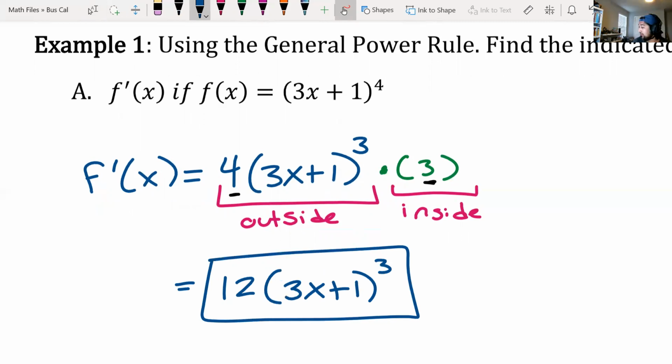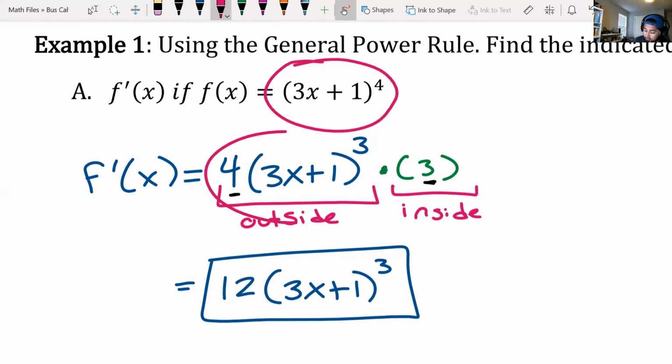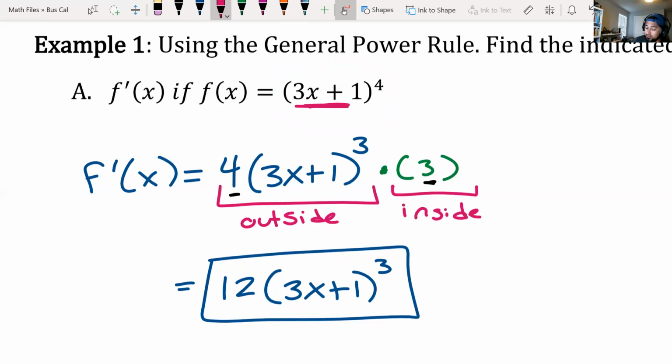Any questions on that? What about the 3? Is that because the 3 is a constant, so it just zeroes out? Remember, we took the derivative of this outside function, and then you multiply it by the derivative of the inside. What is the derivative of 3x plus 1? It would just be 3 because the 1 will be zeroed out and the x will be down, so it'd be 3.